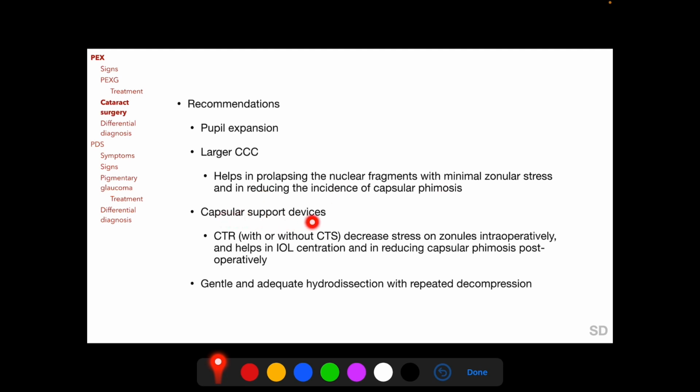Capsular support devices such as a capsular tension ring, with or without a sterile fixated capsular tension segment, decrease stress on zonules intraoperatively and also help in IOL centration and in reducing capsular phimosis post-operatively. Gentle but adequate hydrodissection is required whenever there is zonular weakness, and these techniques we'll be discussing further in the section on cataract.